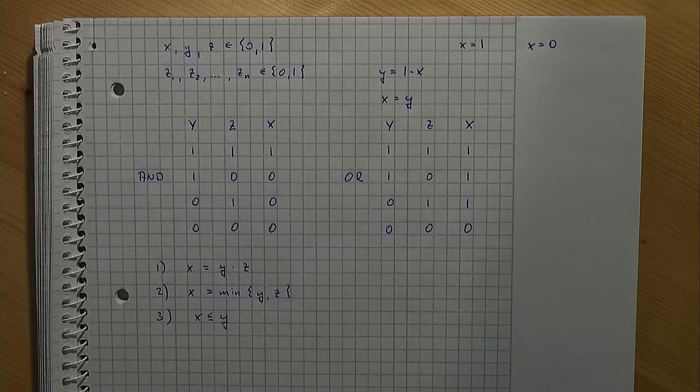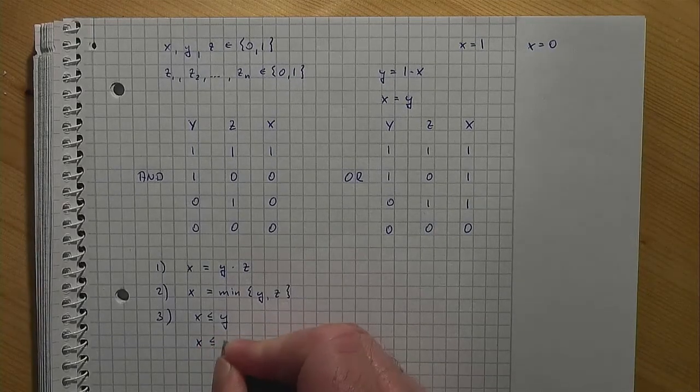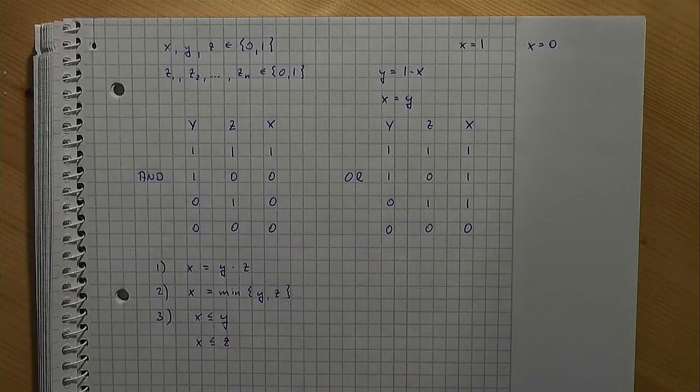Likewise, if z equals 0, x must be 0. The only problem that remains is that if both y and z are 1, x could be either 0 or 1 at this point. The way to circumvent this problem is to write this.